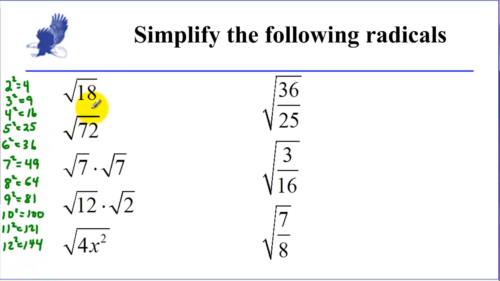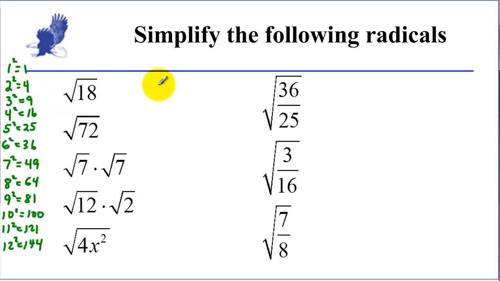When we're looking at a radical, so let's look at this top problem here, what we are looking for are any of these numbers. These are perfect squares. Now they're not all the perfect squares. They're the perfect squares up to 12 squared. We won't be using 1 for radicals, but 1 squared is also 1, so that's a perfect square. So which of those numbers, in fact, what's the biggest of those numbers that divides into 18?